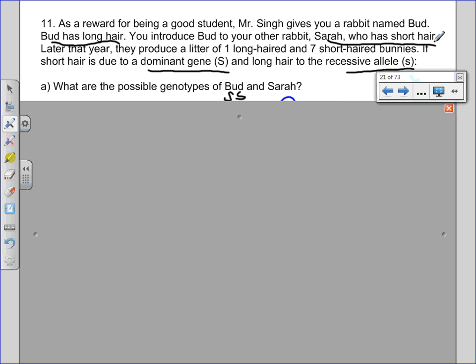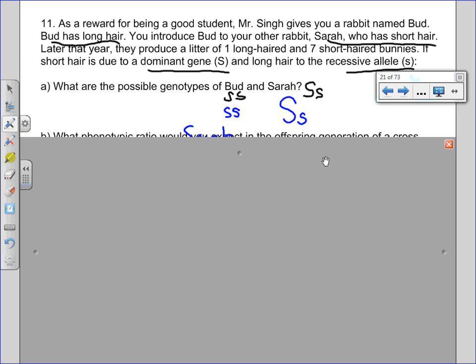So in order for them to have a long-haired baby, both parents would have to give a little s. So that means that while we think Sarah could be big S, big S or big S, little s, in order to have a long-haired baby, she has to have a little s to give that baby, to make it long-haired. Okay, so that's the answer for the first part.